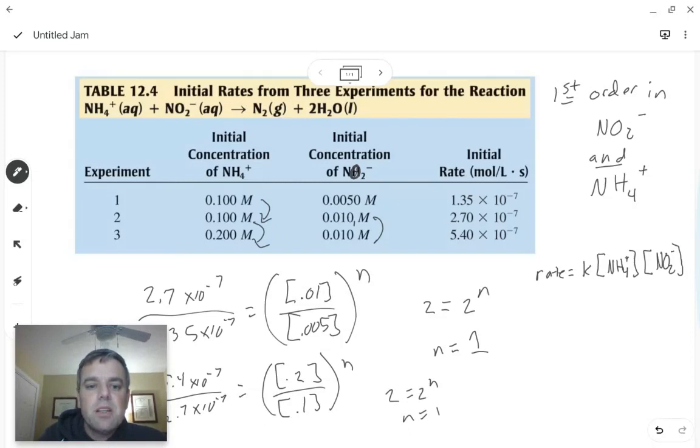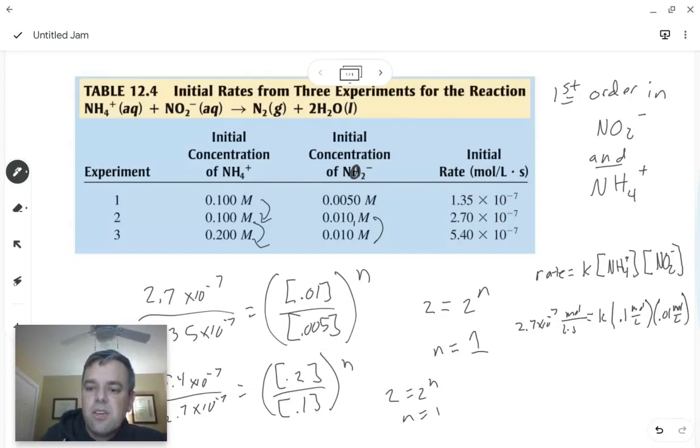So let's just pick the second trial, because those numbers look a little bit easier to deal with. So we take 2.7 times 10 to the negative 7th moles per liter second equals K times 0.1 moles per liter times 0.01 moles per liter.